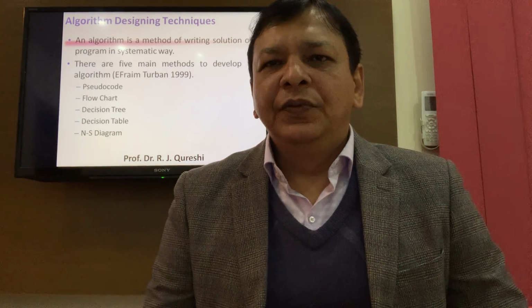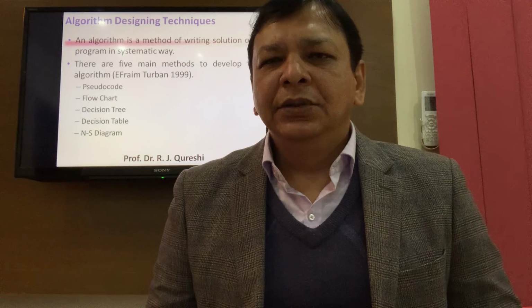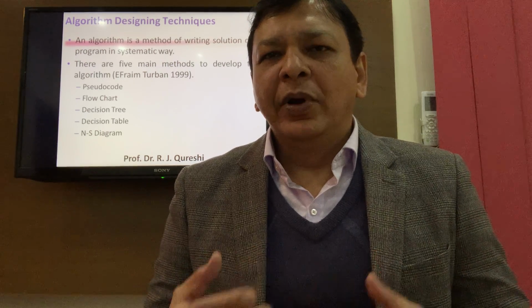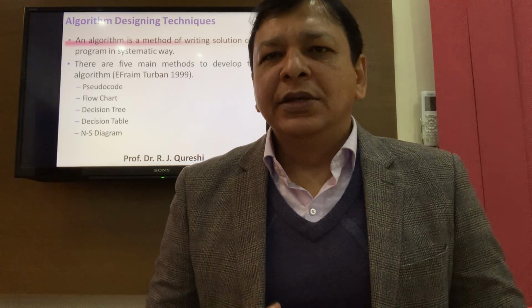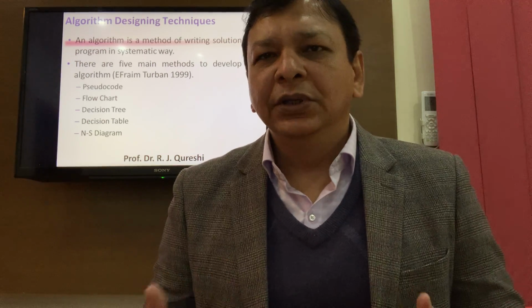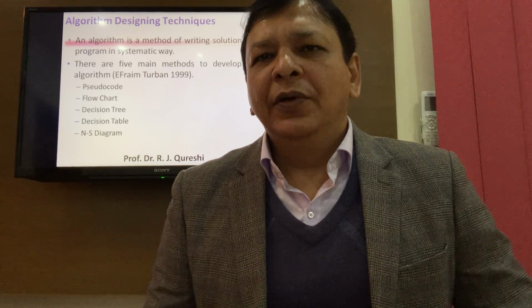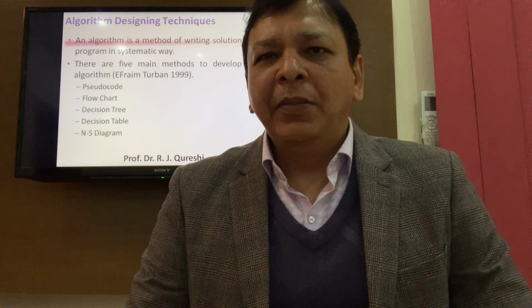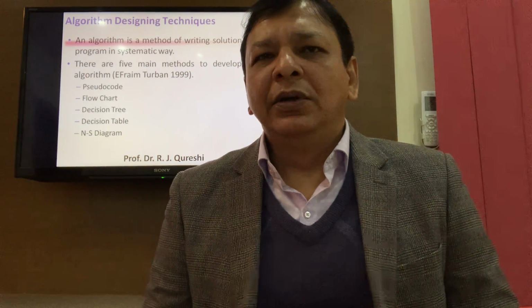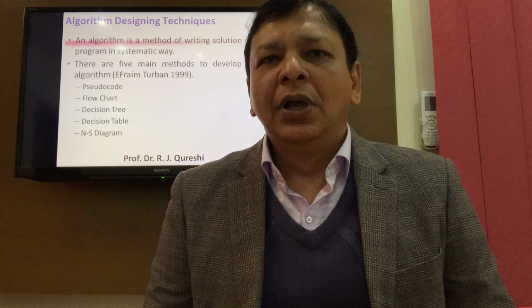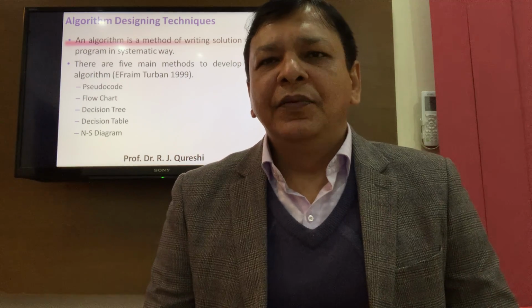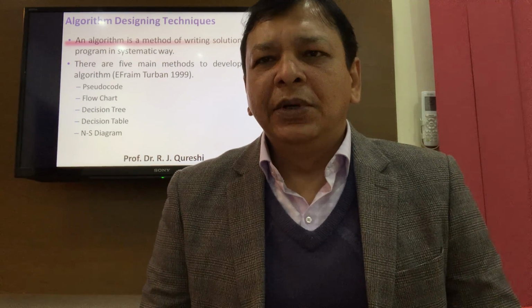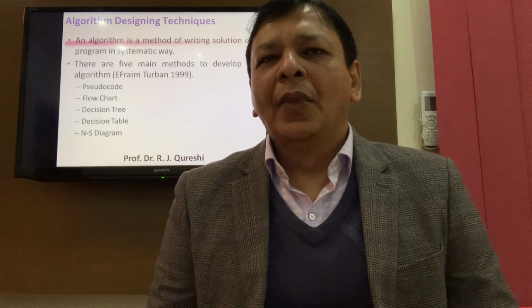And then the last technique in the design phase is algorithm designing. So first we need to define the algorithm. The algorithm is a way of writing programs step by step in a systematic way to show the solution of the problem. So we have five main techniques, five main methods to design the algorithm. We have pseudocode, flowchart, decision tree, decision table, and NS diagram.